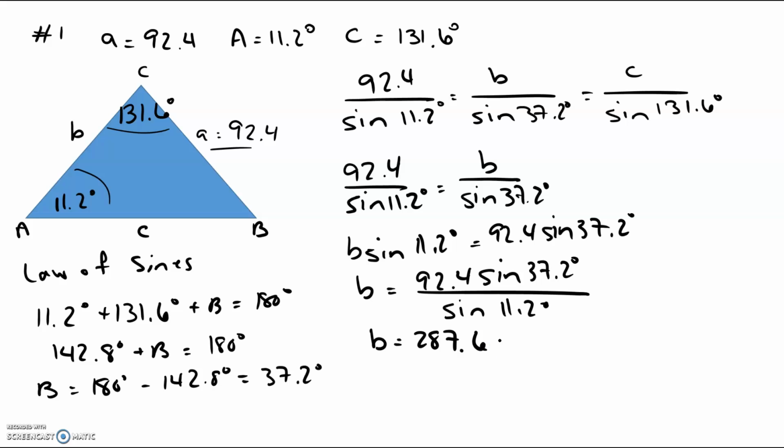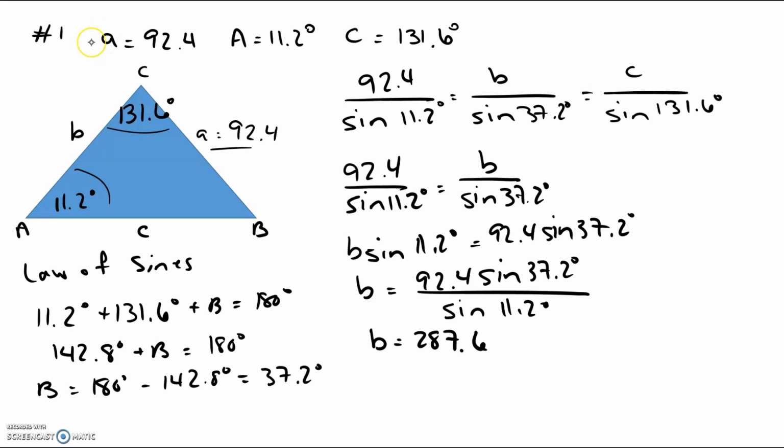Okay, and then you can do the same thing, set this equation up with this equation right here. So what you'll have is C times sine of 11.2 is equal to 92.4 times sine of 131.6.